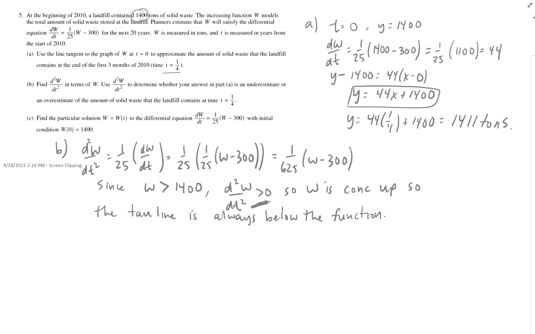Otherwise, I might have to check the particular interval that we're dealing with, which is 0 less than or equal to t less than or equal to 1/4. That's all we're really worried about. If you just said 0 to 1/4, that's all you need. Thus the approximation in part A is an underestimate.